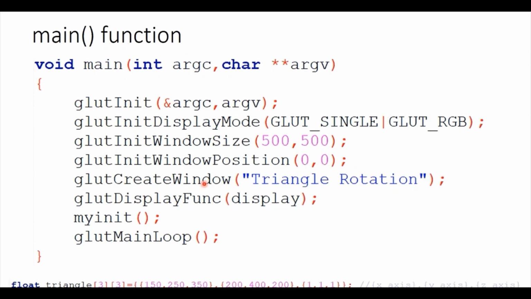I am giving a display callback function which is responsible for displaying my output, and then I am calling my init function which sets up my scene, and then this is the main loop which keeps looking for events so that it can call the appropriate callback function whenever an appropriate event occurs.